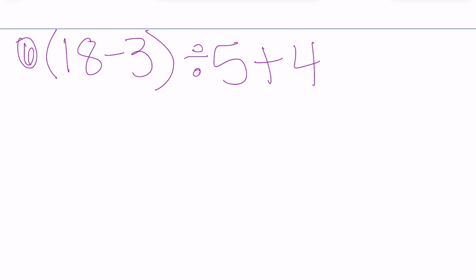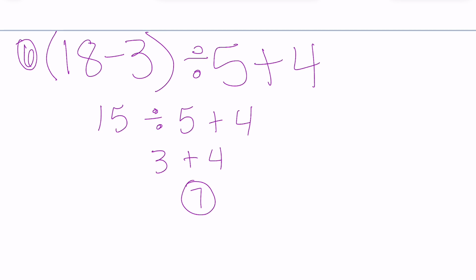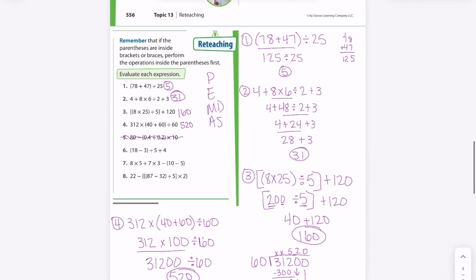We know 18 minus 3 is 15, divided by 5 plus 4. 15 divided by 5 is 3, plus 4 is 7.